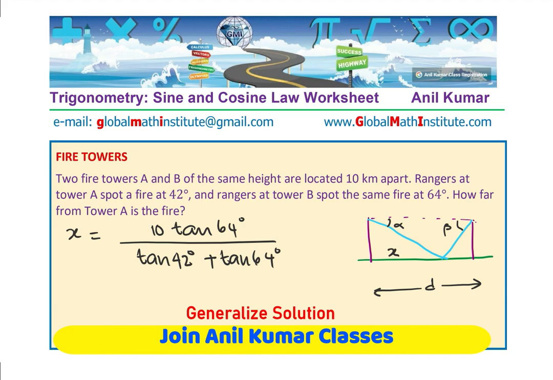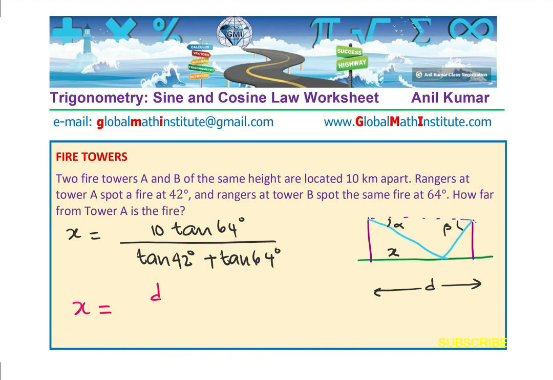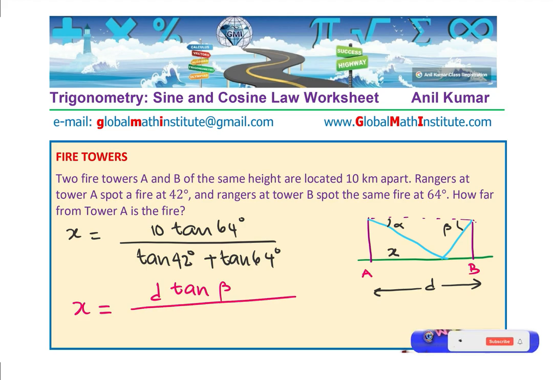Well, we could write a general expression for this x, and this x is indeed equal to the distance d, which was 10 in previous case, and then tan of beta. We are finding the distance from A. Do you see that? So the angle of depression from B has been taken in the numerator, and the denominator is sum of tan alpha plus tan beta.